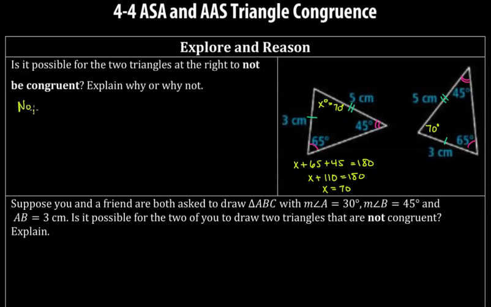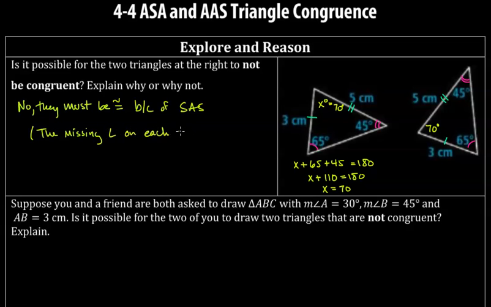We would say, no, they must be congruent because of SAS. And I might put in there the missing angle on each triangle must be 70 degrees, just to explain why initially we didn't have those angle measures, but we figured it out. So those 2 triangles must be congruent.